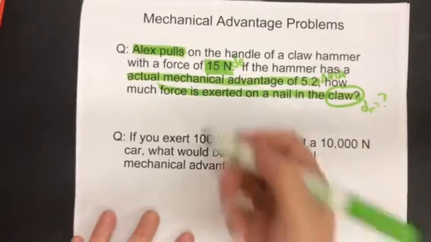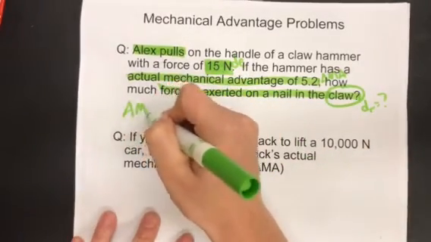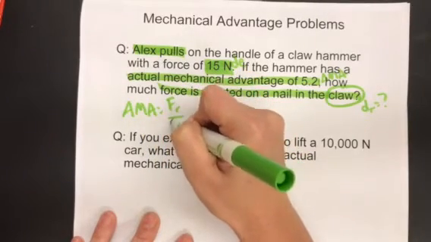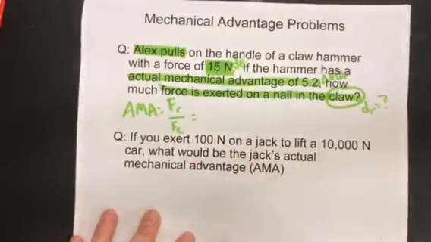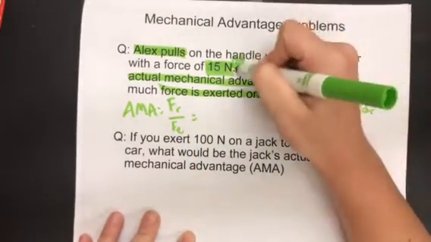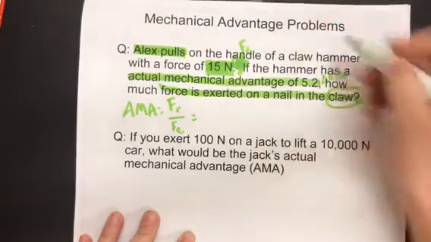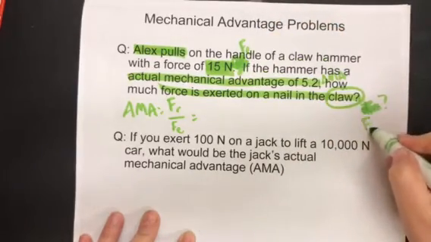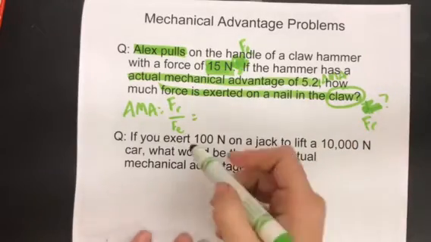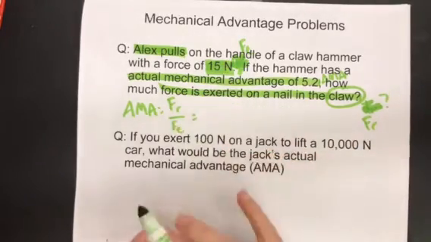Okay, so again, your formula is AMA equals FR over FE. I'm sorry, I put D, I meant to put F. This is FE and this is FR because we're looking at forces this time, not distance.